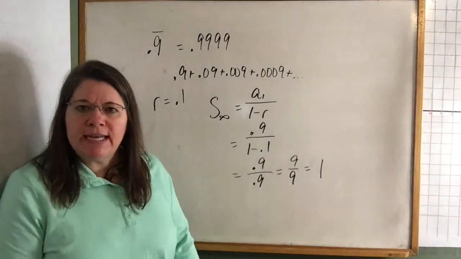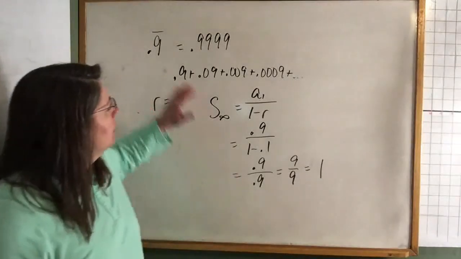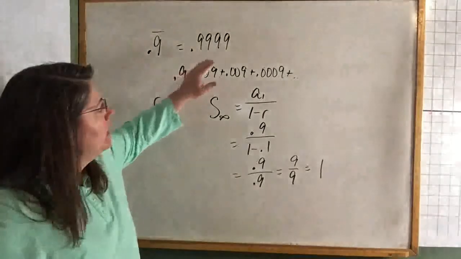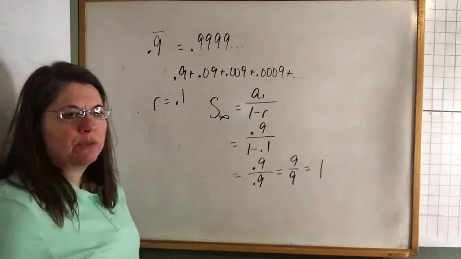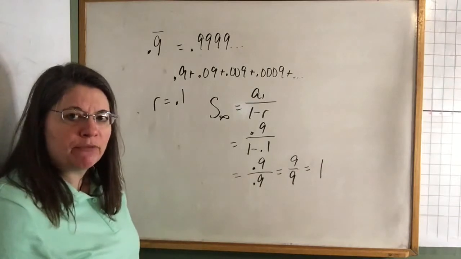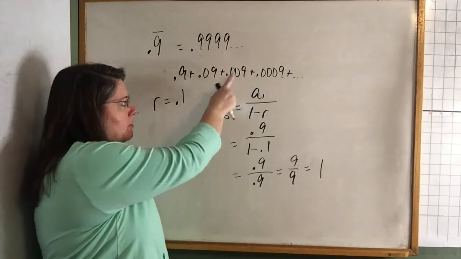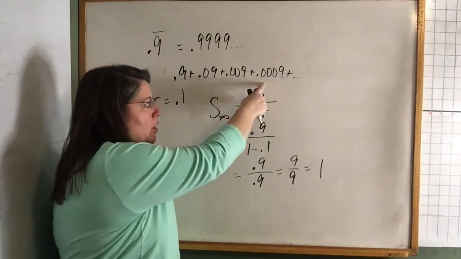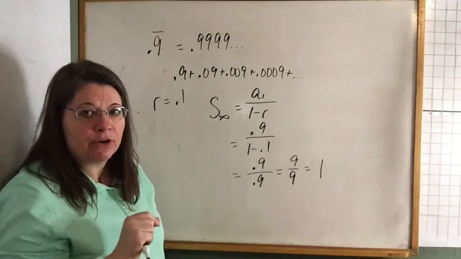Okay, so hopefully you've had time to work through this problem and see what's happening here. The 0.9 repeating is 0.999, and it goes on forever. And if I use the same principle dealing with the infinite series to convert it to a fraction, look what happens. This is 0.9 plus 0.09 plus 0.009 plus 0.0009 plus, and it keeps going in that pattern forever.